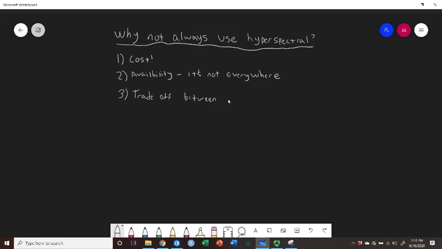The trade-off between spectral resolution and data volume.